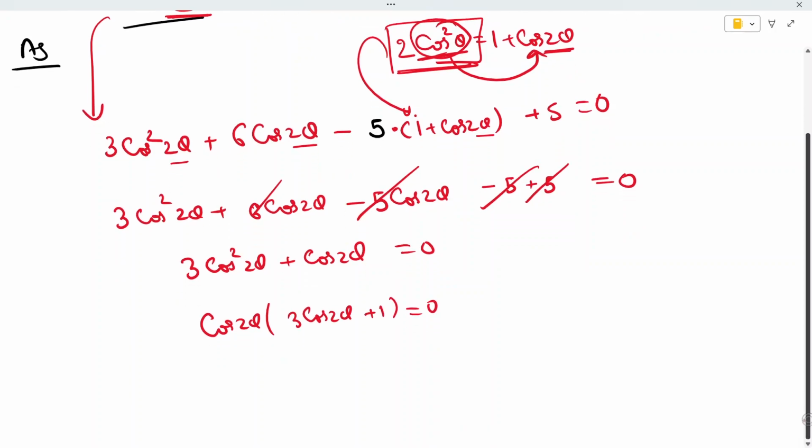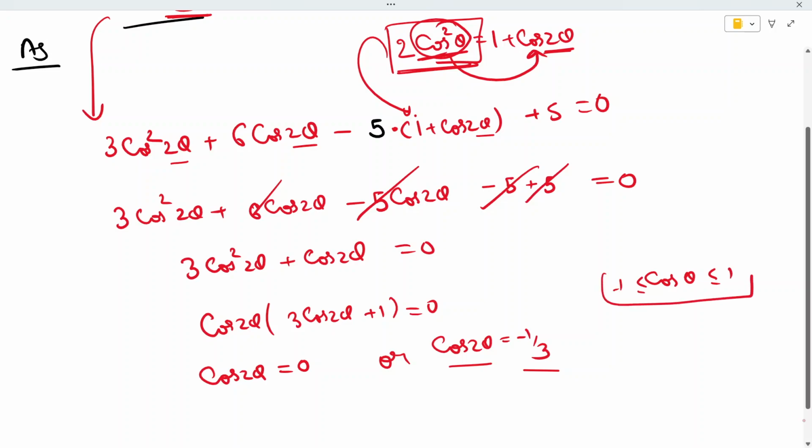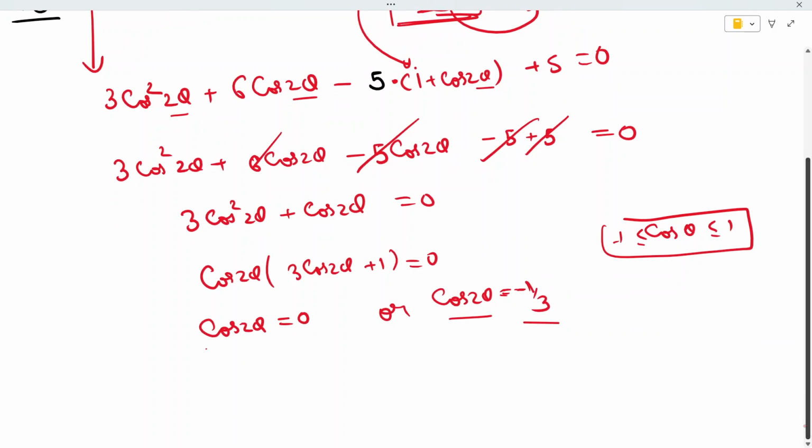Okay, so any one of them will be 0. Cos 2 theta is equal to 0 or cos 2 theta is equal to minus 1 by 3. Look, cos 2 theta equal to minus 1 by 3 will be attained because we know cos theta lies between 1 and minus 1. So you also have to check that it lies in the interval minus 1 to 1. This lies, and 0 also lies.